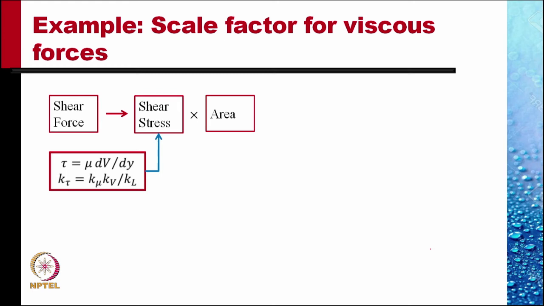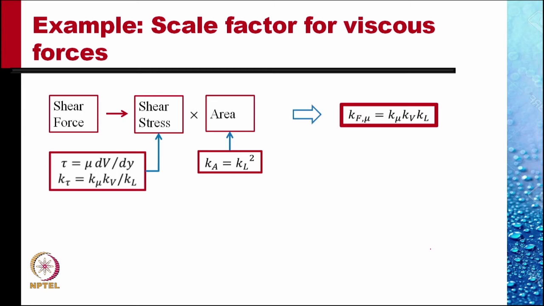So K tau would be K mu Kv divided by Kl. K area, we have discussed earlier, is Kl square. So from this, we get the scale factor for the viscous forces, K sub F comma mu.